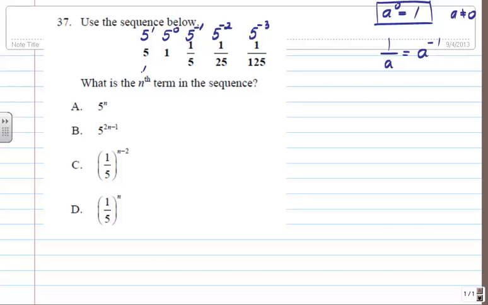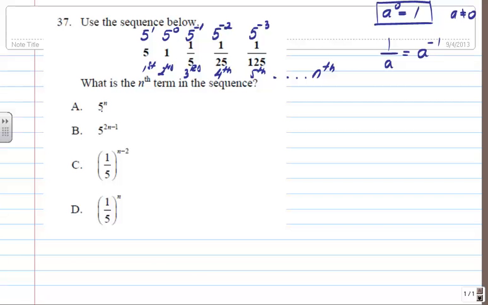And as you can see, this is the first term, that's the second, the third, the fourth, the fifth of my sequence, and I have to go down to the end term. Well, how can I write the end term?